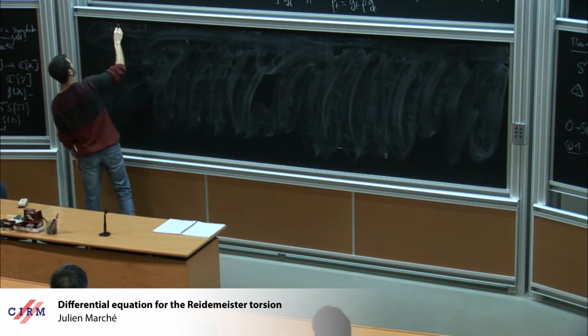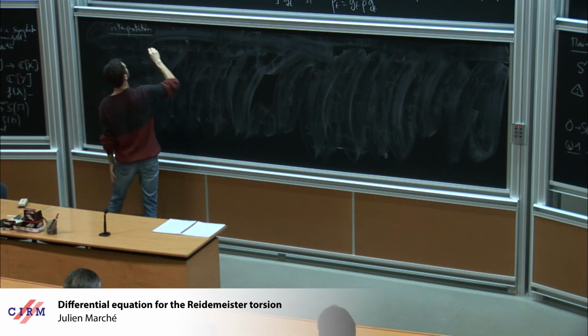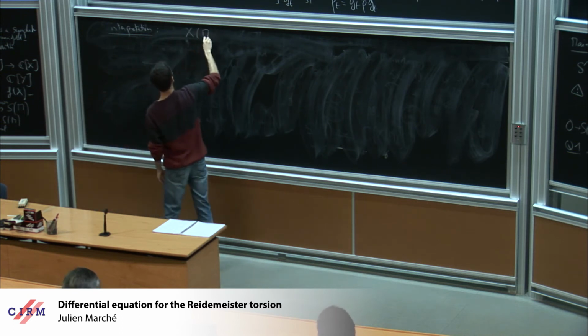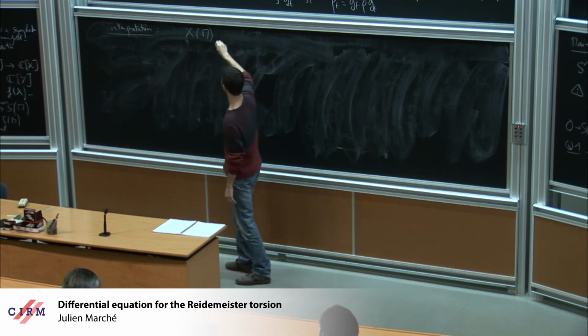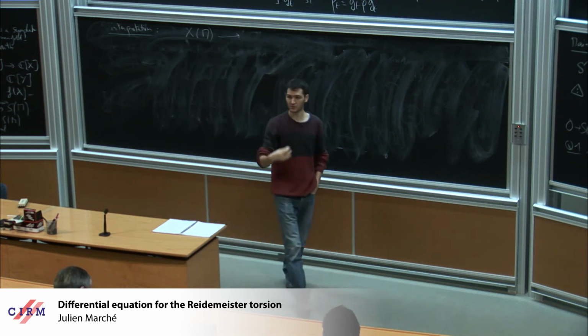So the interpretation, well, you have the character variety of M, a representation of the pi1 of M. You can just restrict it to the boundary.